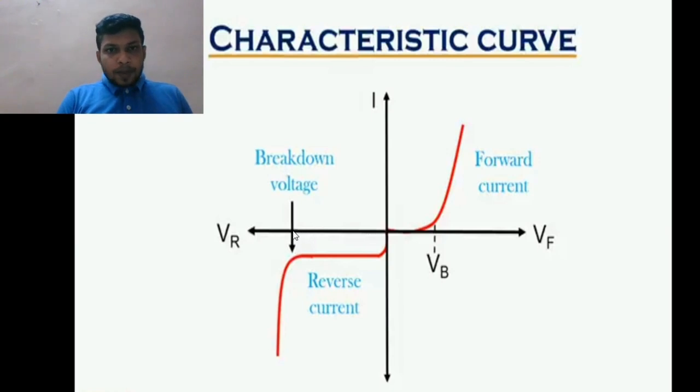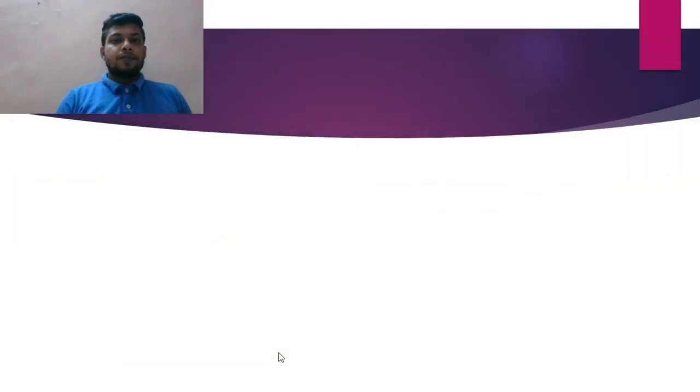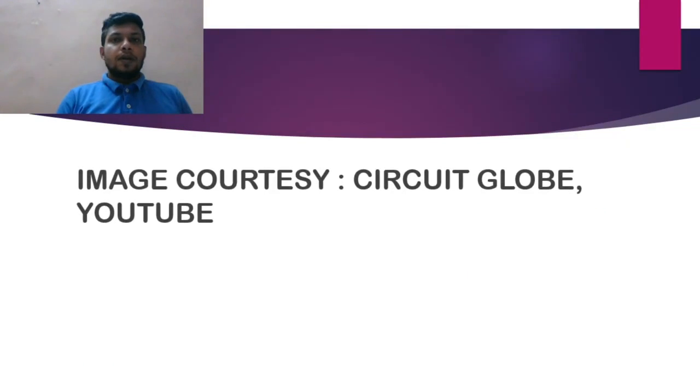Till the breakdown voltage, the reverse saturation current is there. Once it reaches the reverse breakdown voltage, the reverse current will increase, and this current will damage the diode. Thank you.